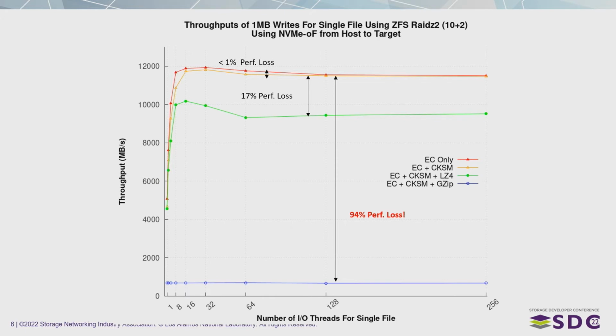You might be thinking, can't you throw more CPUs at it? Unfortunately, we cannot. The x-axis on this graph shows what happens when we throw more IO threads into the writes that were occurring, and as you can see, despite having hundreds upon hundreds of threads, the performance flatlined and stayed flat.